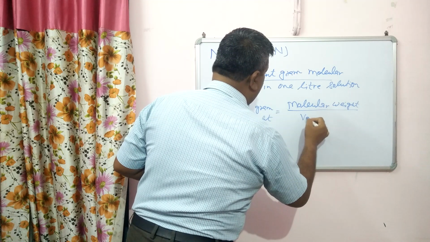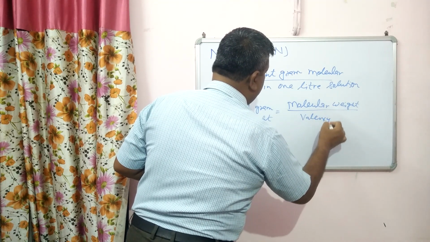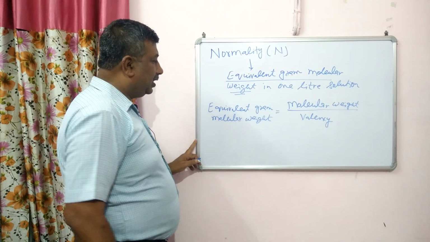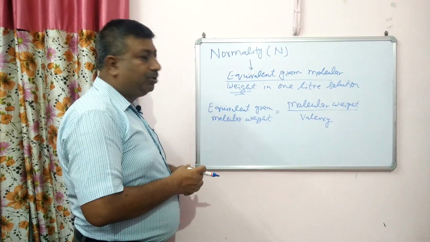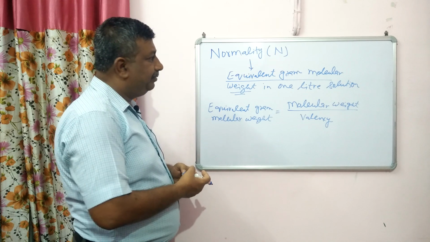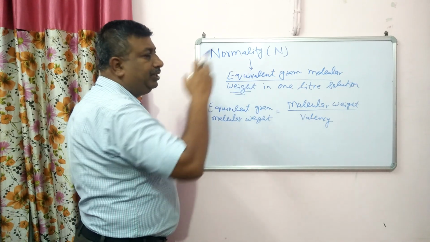What is the valency of that substance or the compound? That is called equivalent gram molecular weight or gram equivalent weight. So generally it is termed as equivalent weight.